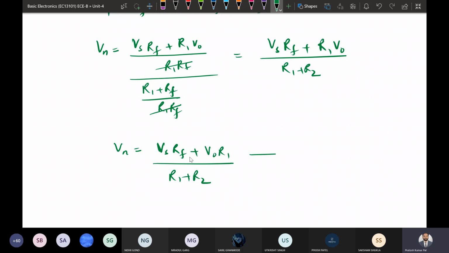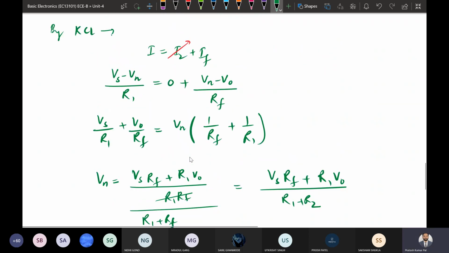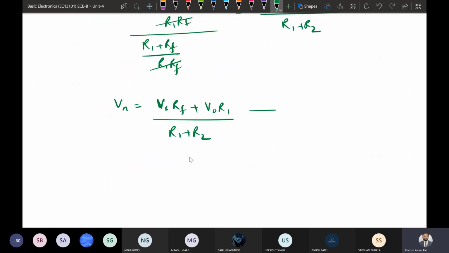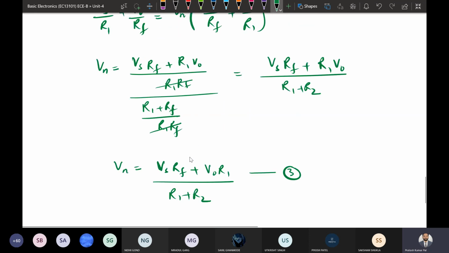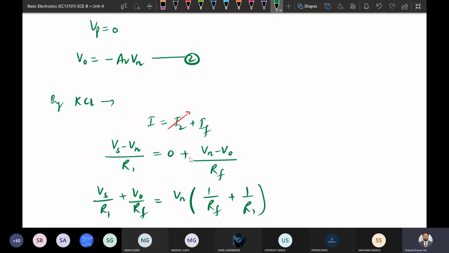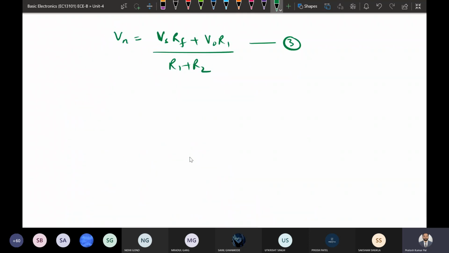So this is the value of Vn, equation number 3. Okay. So now by putting the value of Vn in the above equation 2, from there we can get the V output, which is considered as AV.